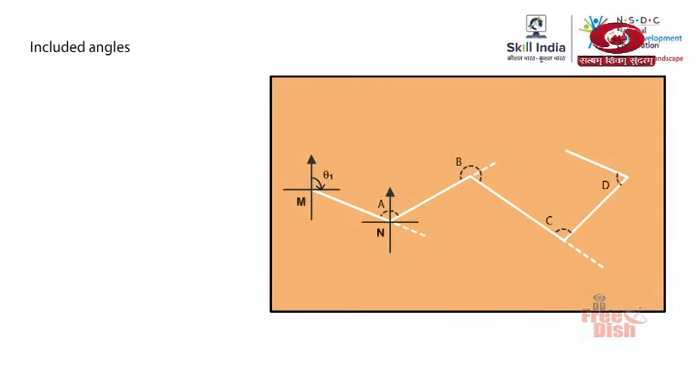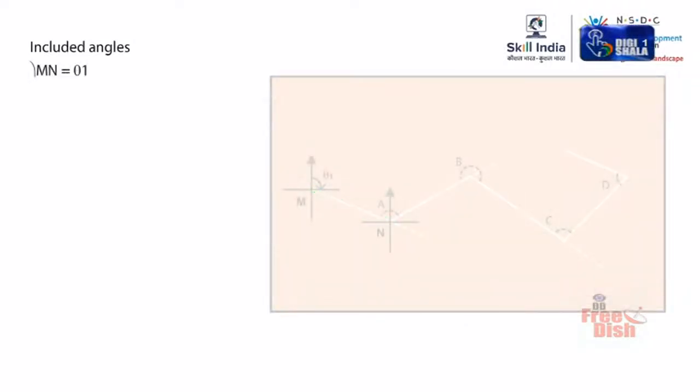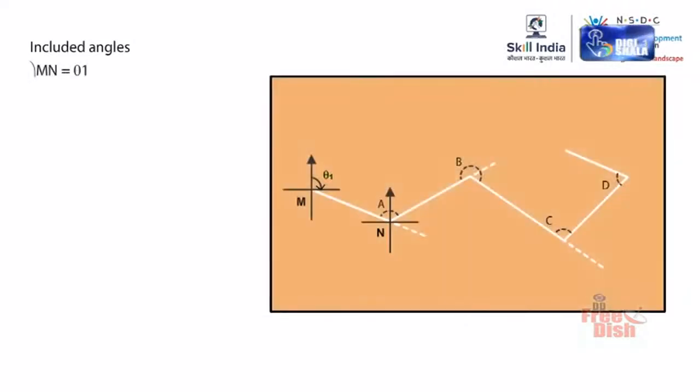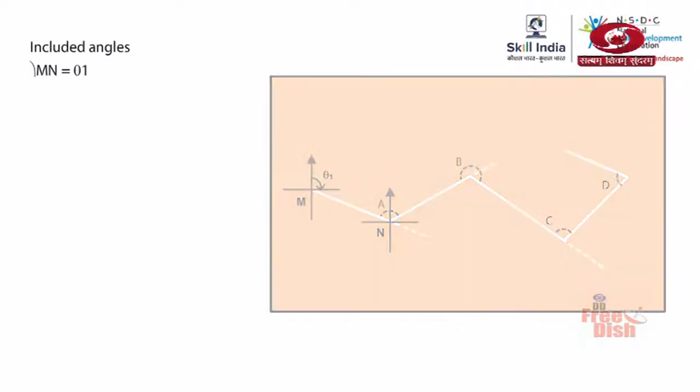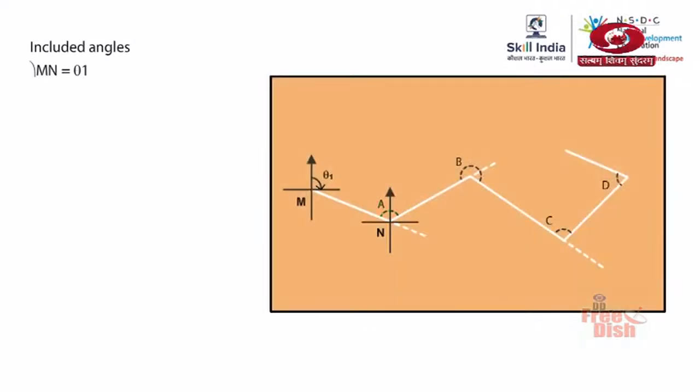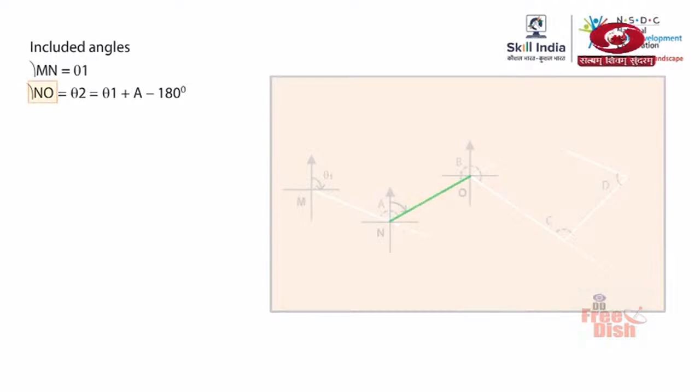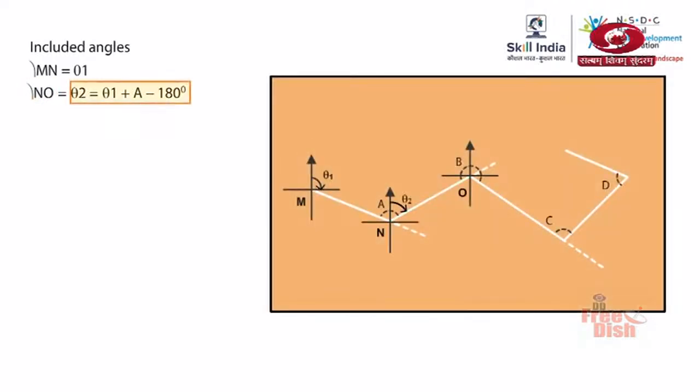We know that the bearing of the initial survey line MN is theta 1 and that the first included angle is A. We can calculate the bearing of the next survey line NO with this formula: bearing NO, that is, theta 2, is equal to theta 1 plus A minus 180 degrees.